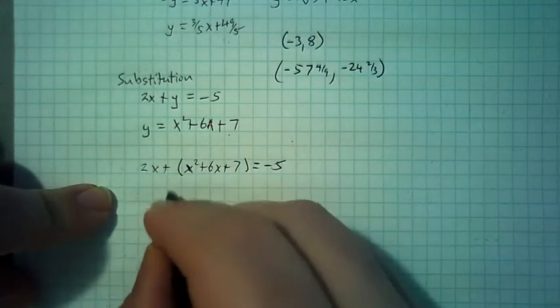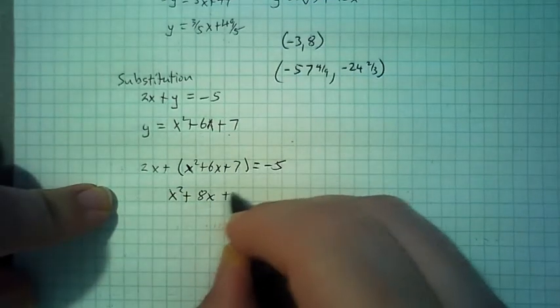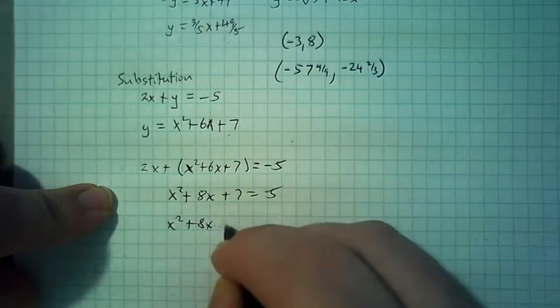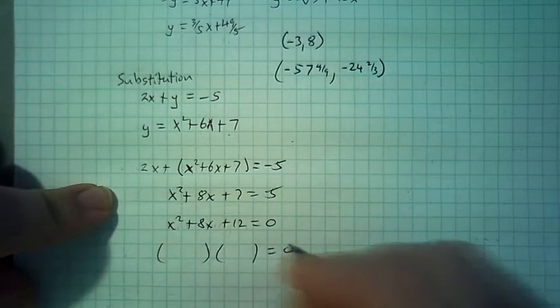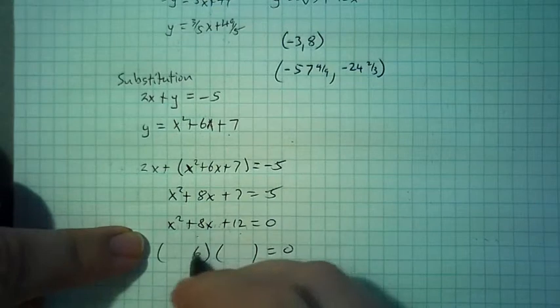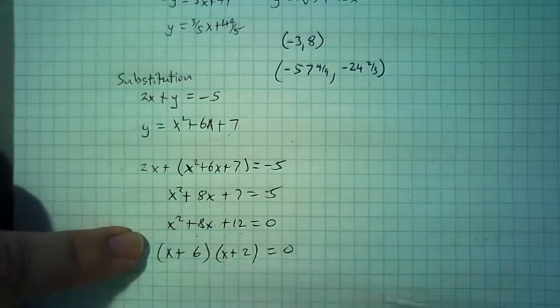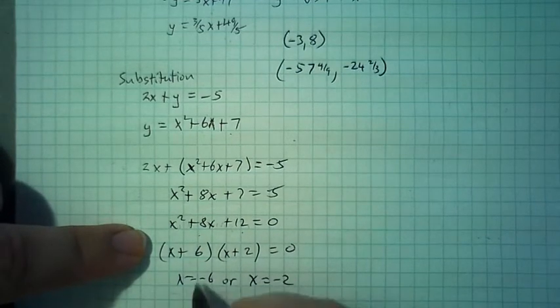It is quadratic, unfortunately. 8x plus 7 equals negative 5 is x squared plus 8x. Add 5 and I get 12. So I'm looking for two numbers that multiply to 12 that add to 8. Those would be 6 and 2. So x is negative 6 or x is negative 2.